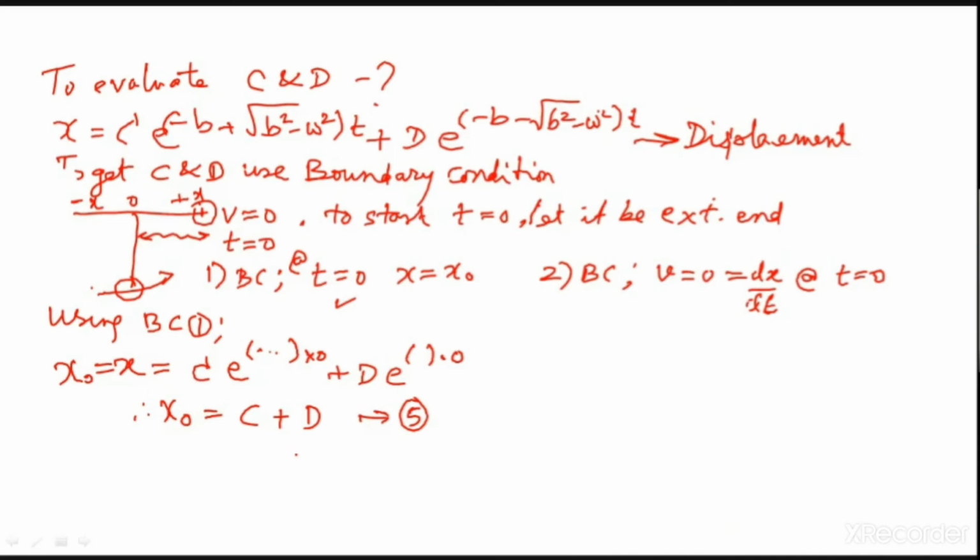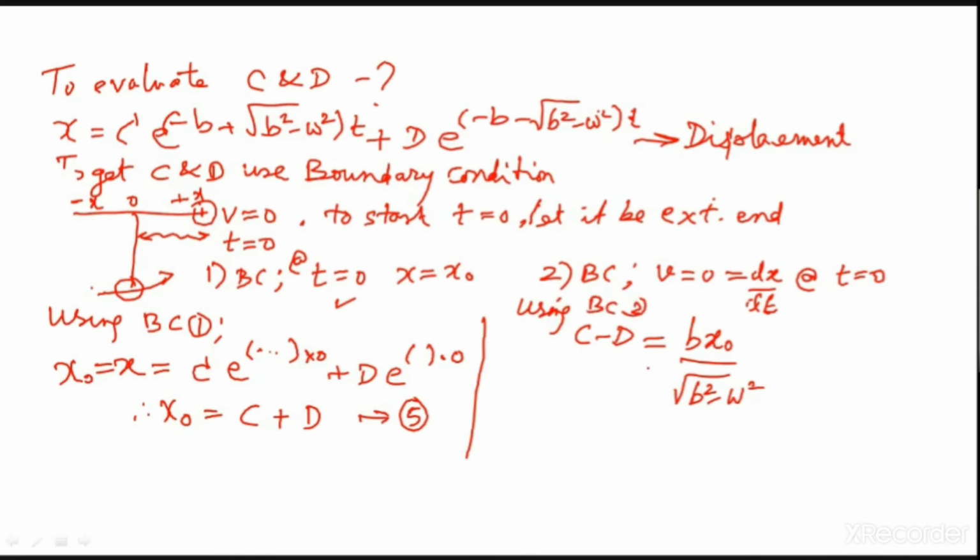Using the second boundary condition, we will get C minus D is equal to B by X naught by root of B square minus omega square. This is using the second boundary condition.